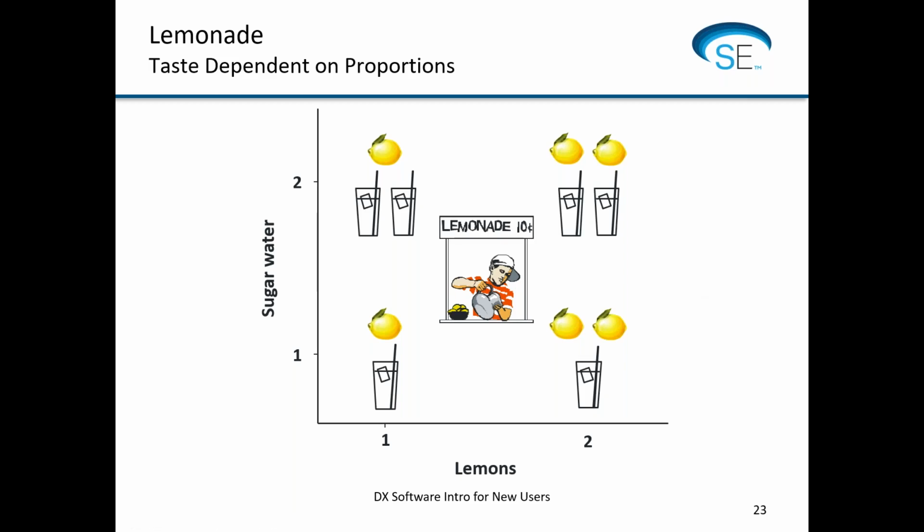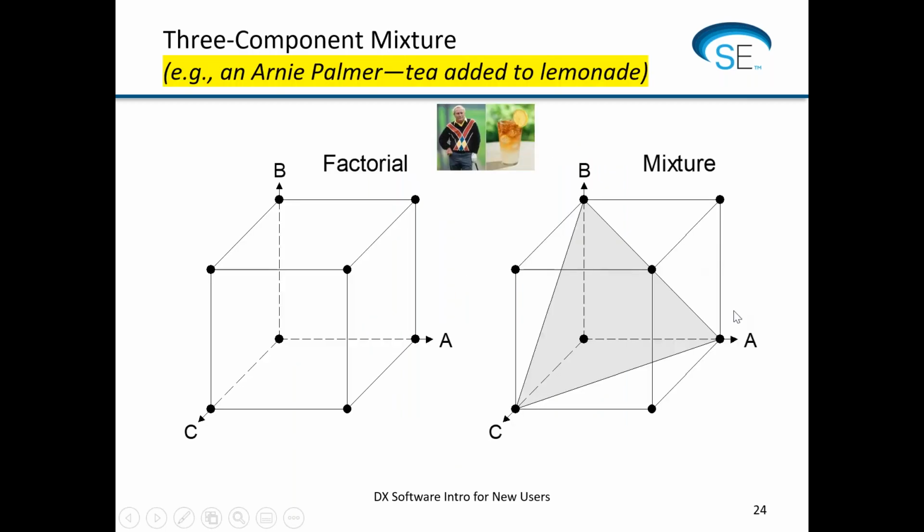And that clouds the math. So the math we use to calculate effects and interactions with factorial designs breaks down because of this constraint that we have in the mixture world. So we have custom designs created for mixtures. And for example, if you're doing a factorial with 3 factors, you'd be free to change each factor independently. You could go anywhere within this cube.